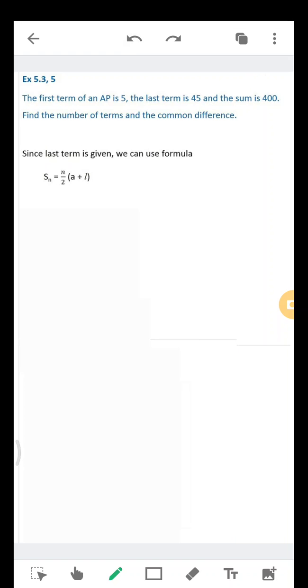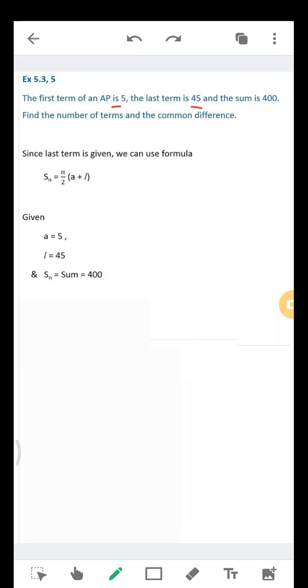Here the last term is given, so I can use the formula S of n is equal to n by 2 into a plus l. Here the first term is given as 5 and l is 45, and the sum of n terms, we don't know how many terms he added, is 400.